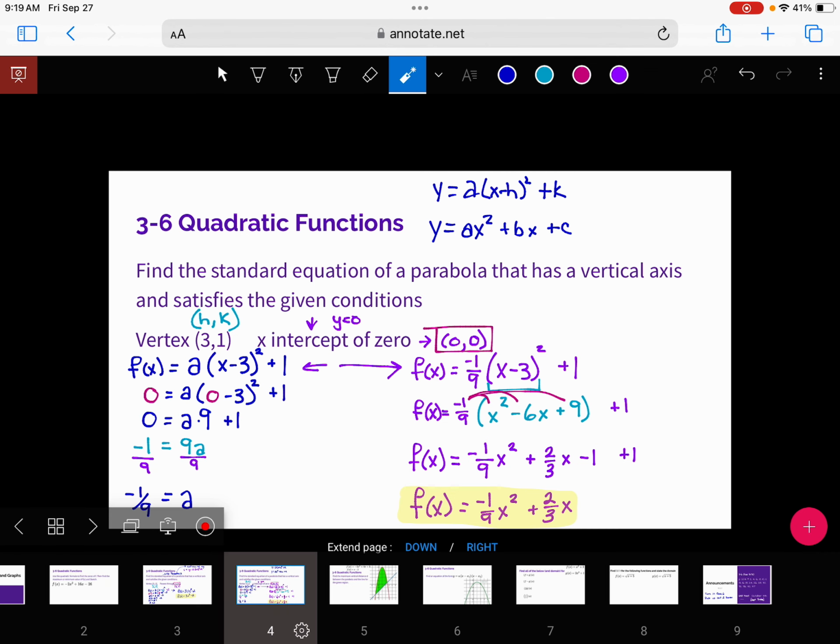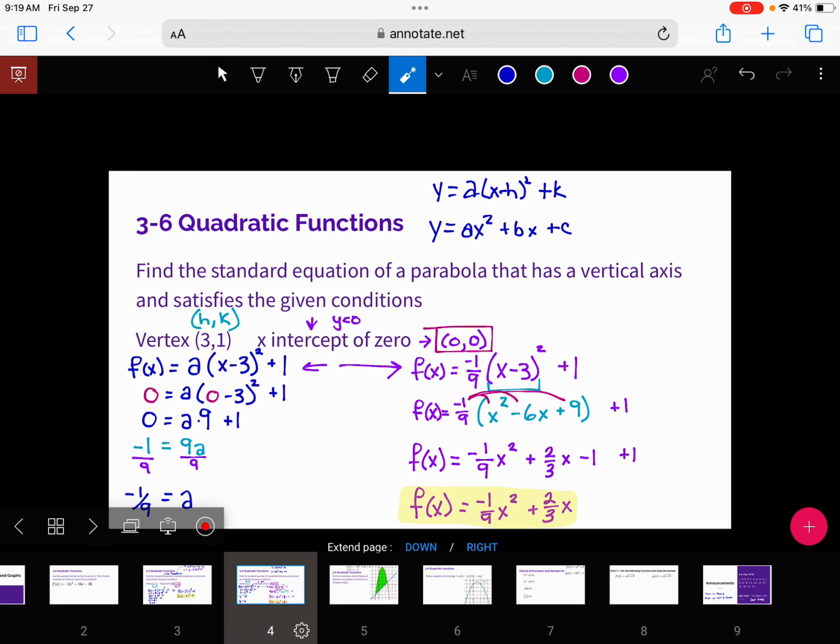Okay, so in the homework, there's a question that has a picture on it. So we're going to talk through one very much like it. I made you a picture so you can have it.